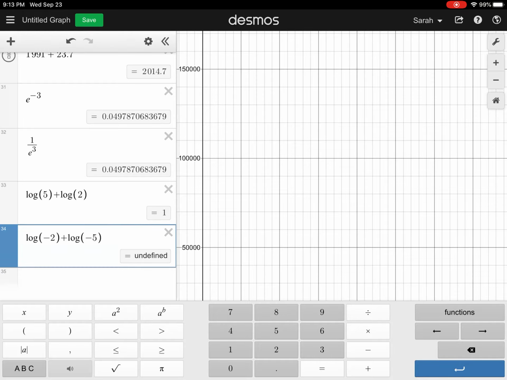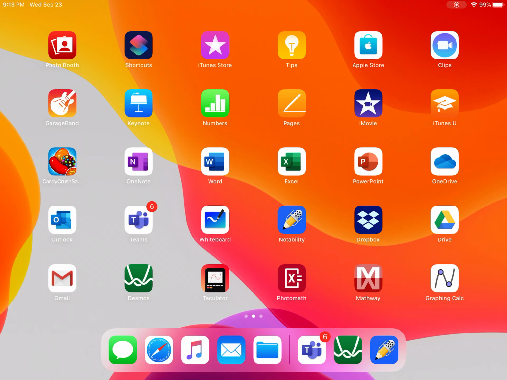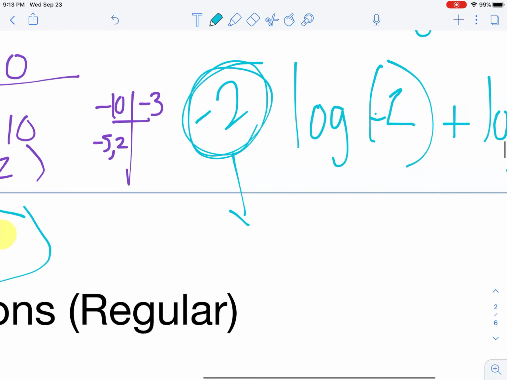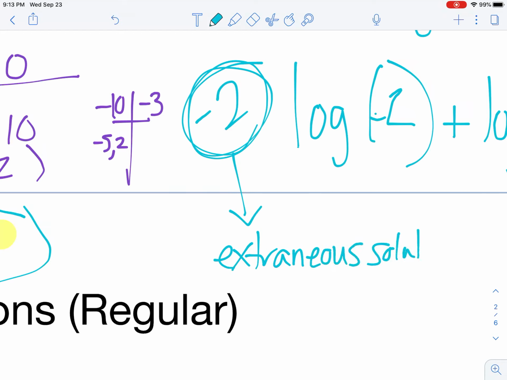So negative 2 is an extraneous solution, and I'm going to write that down. Negative 2, this word extraneous solution, okay? So it is not part of the domain.